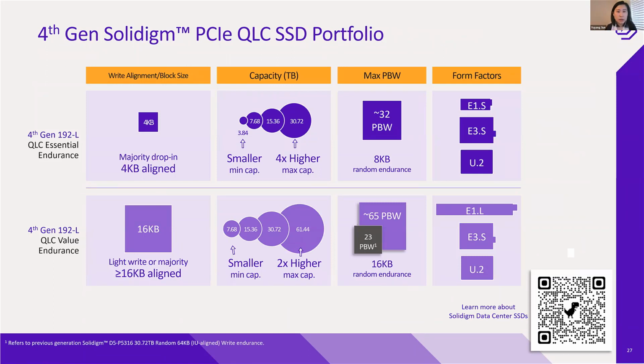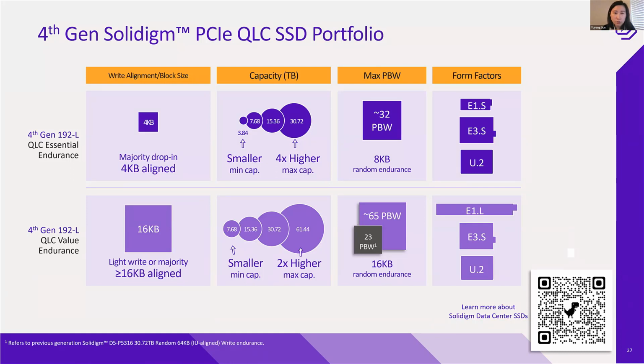So I'd like to introduce you to the next generation of Solidigm QLC SSD. For this slide, you can see that for the next generation QLC, capacity-wise, we offer up to 61.44 terabyte of density, and the lower range will be 3.84 terabyte.